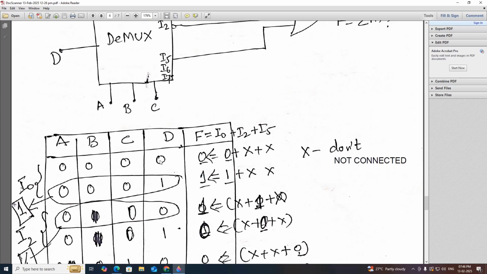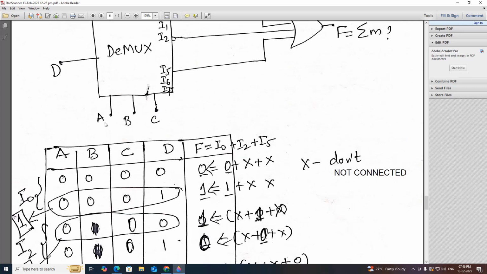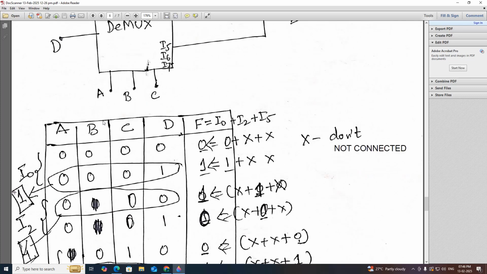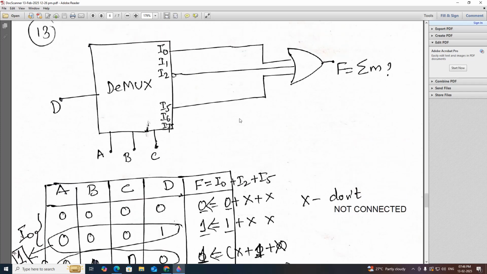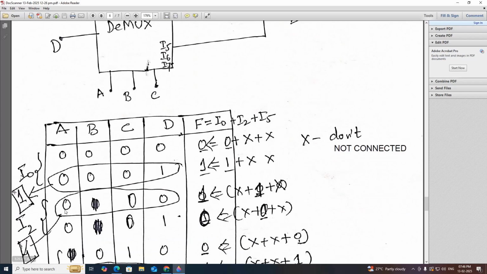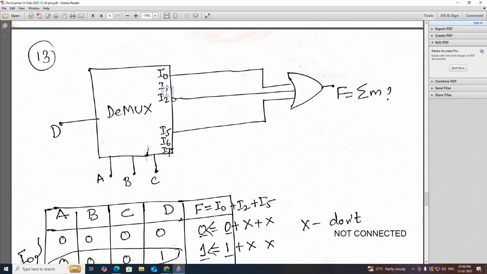Next we will see 0 1 0. Why have we taken 0 1 0? Because for I2, the input combination is 0 1 0.